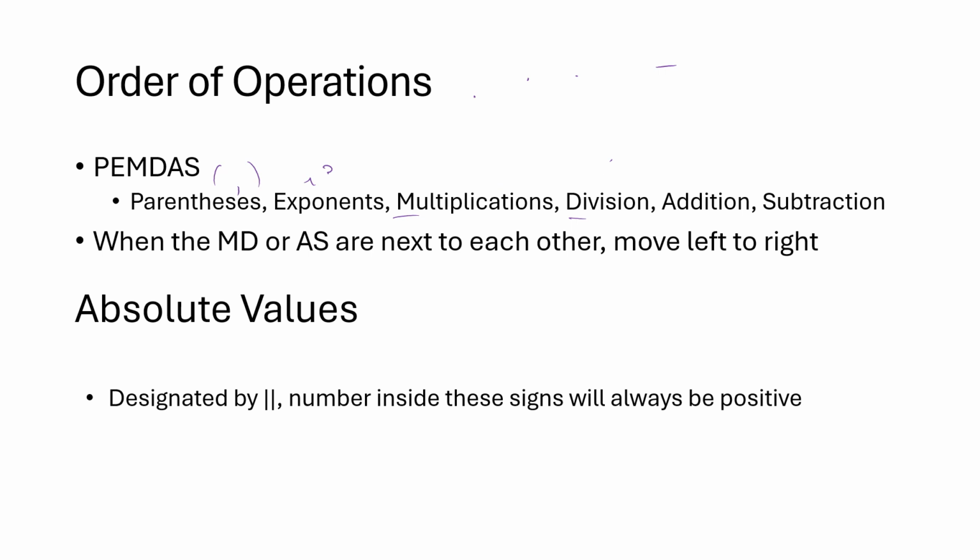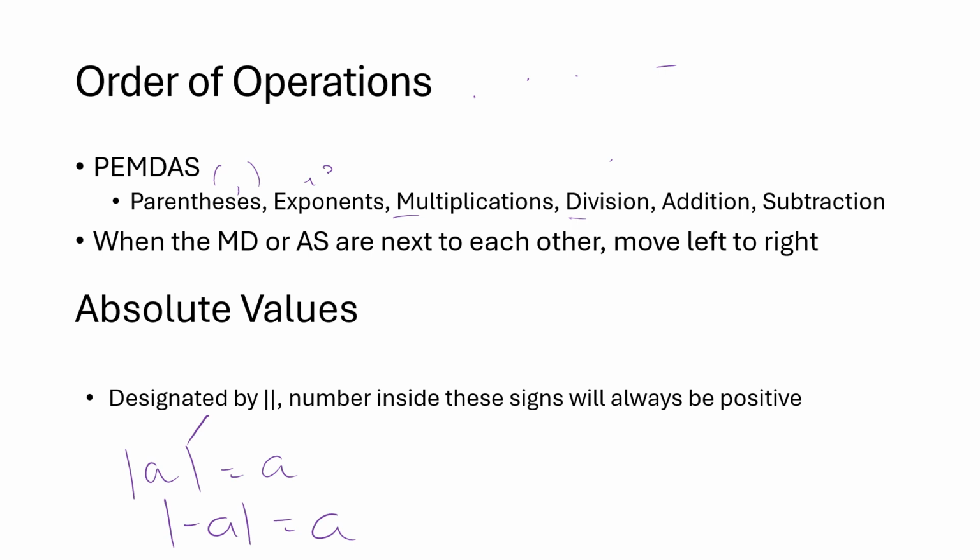Absolute values are a little bit different. Any number designated by this symbol right here is going to be an absolute value. So the absolute value of A equals A because it will be positive. But what if you get a negative number? The answer is still positive because you're finding the absolute value.